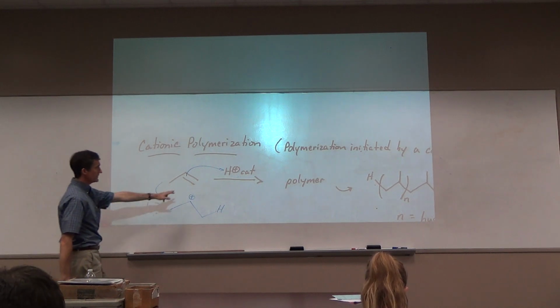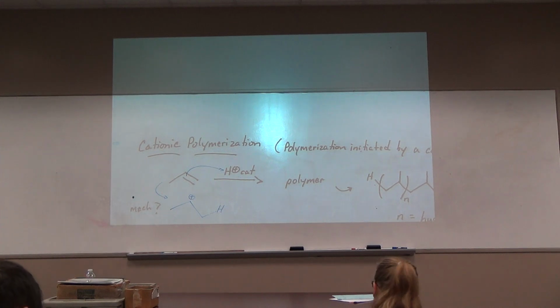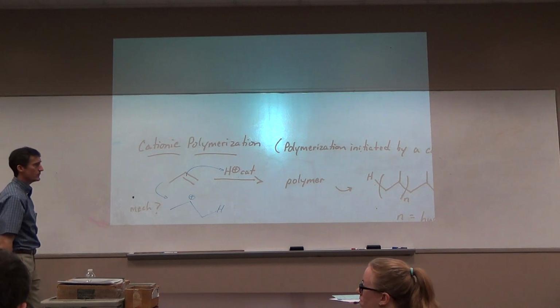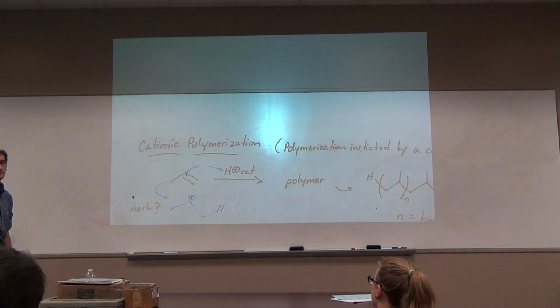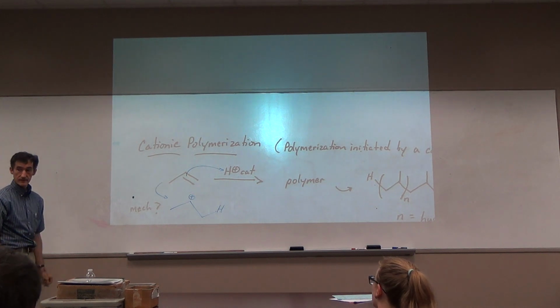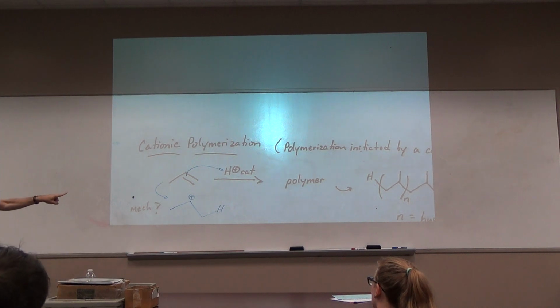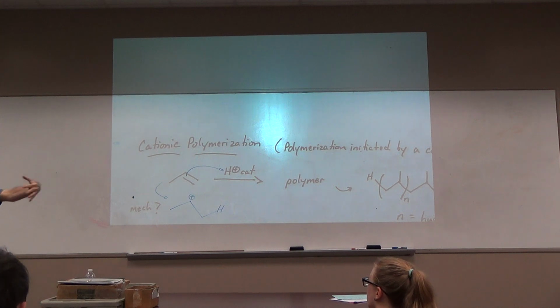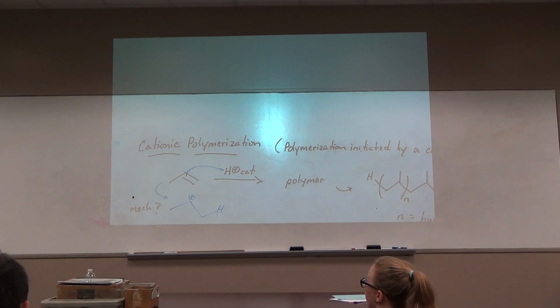I'm showing a very generic H+ here, so it's got to be a minus, but we don't want the minus to attack. We want the alkene to attack again. Can an alkene attack a carbocation? Yes. The example above we did it, but it was intramolecular. Here it's going to be intermolecular, two different molecules reacting.